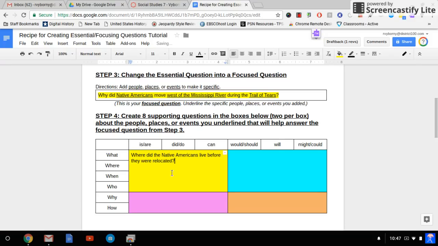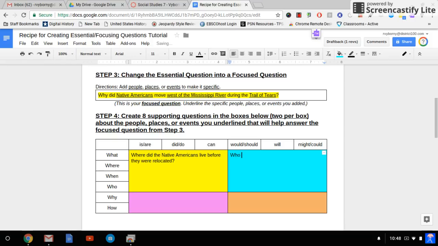I'm going to do that 2 times in this box, and I'm going to pick another question to go in this box. Let's see, what could I ask about the Trail of Tears? Well, I want to ask a question that's going to help me answer the focused question. So why did they move? What's going to help me answer that?